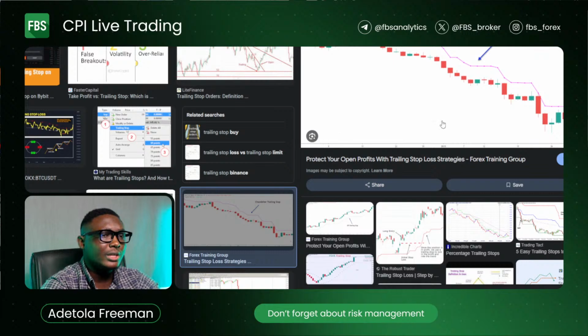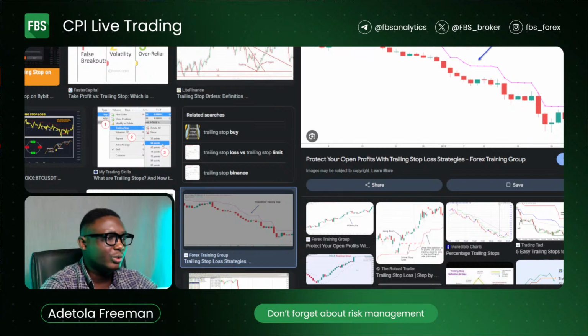All right, so this is what it looks like. This is what your trailing stop looks like. As the market begins to move, you will find out that your trailing stop continues to follow price. I'm going to show you how to set that on your MetaTrader. Just give me a minute.